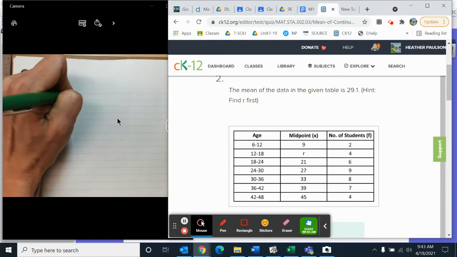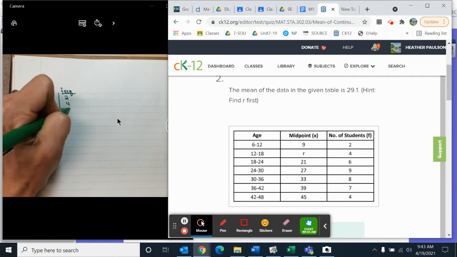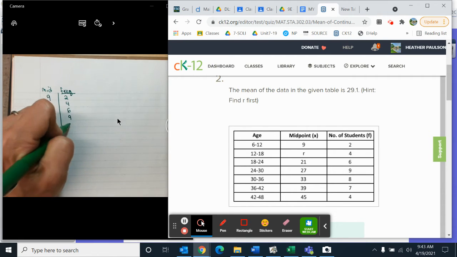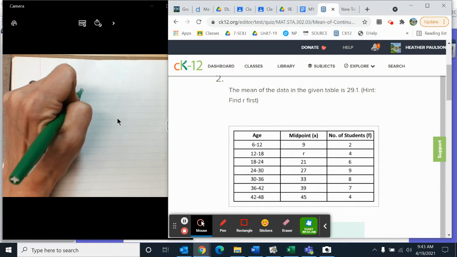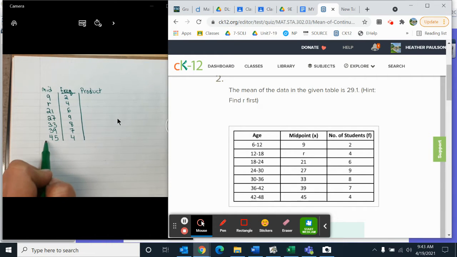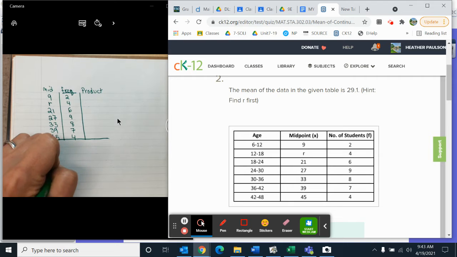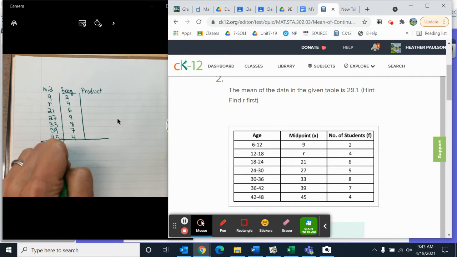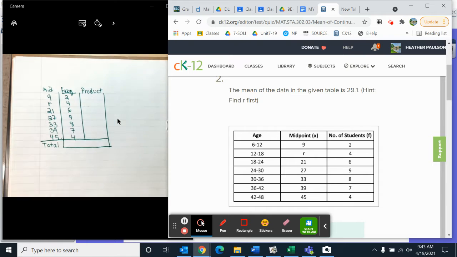How many? And that is 2, 4, 6, 9, 8, 7, and 4. So this final column we'll have as a product column. And then we'll also have a total row, the total number of frequencies and the total of our products.